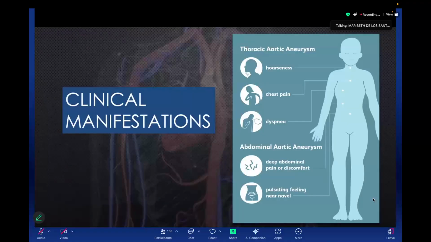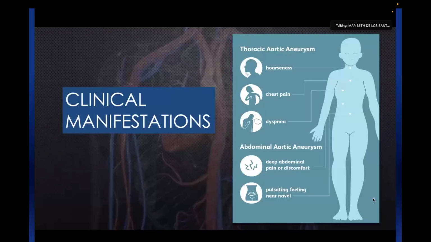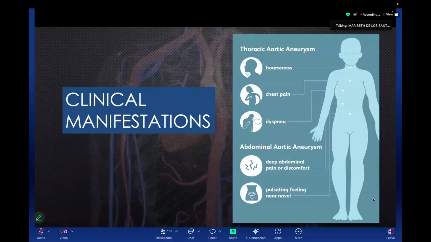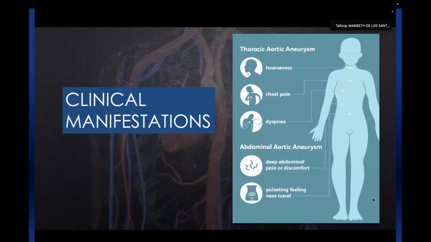Abdominal aortic aneurysms occur more frequently in males than in females, and the incidence increases with age. Cigarette smoking is a potent modifiable risk factor for AAA or abdominal aortic aneurysm.